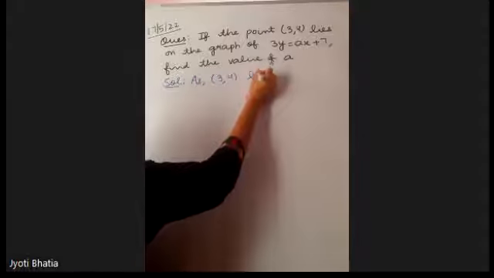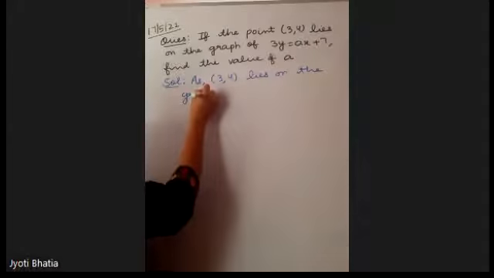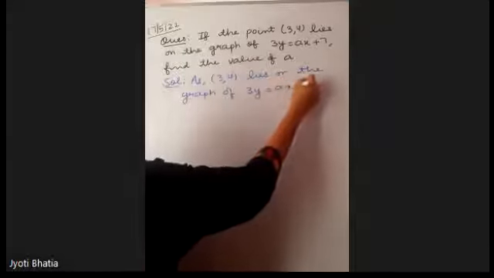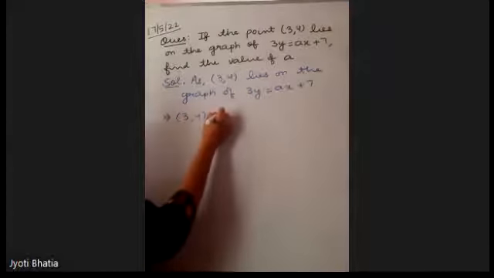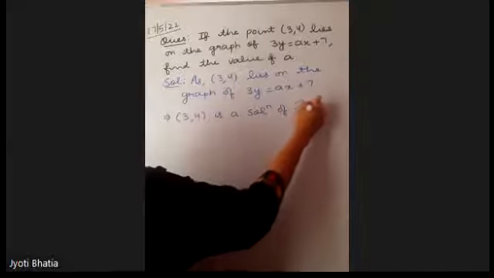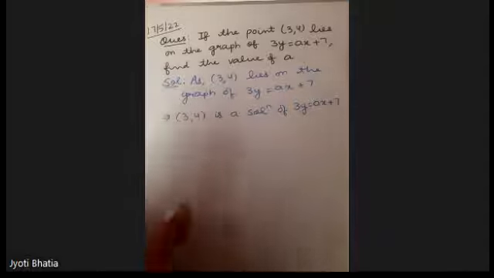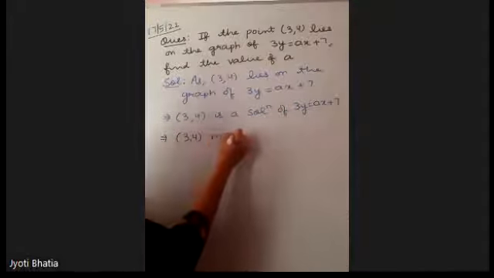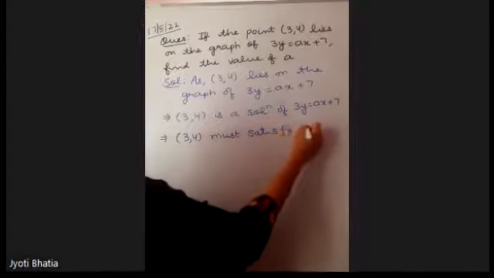As (3, 4) lies on the graph of 3y is equal to ax plus 7, it means (3, 4) is a solution of this. Being a solution means it must satisfy it. Satisfying means what? The way we have done the previous question.